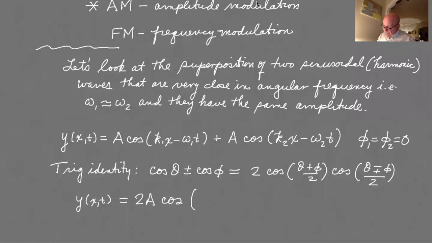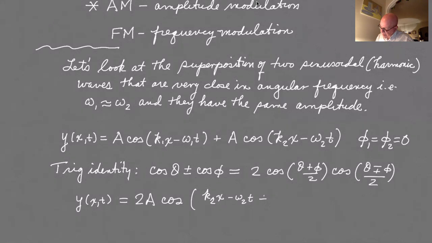Okay, I'm back. So this is going to be then k2x minus omega 2t. And then this is going to be then minus, let's do it this way. So we'll do the plus piece first, right?